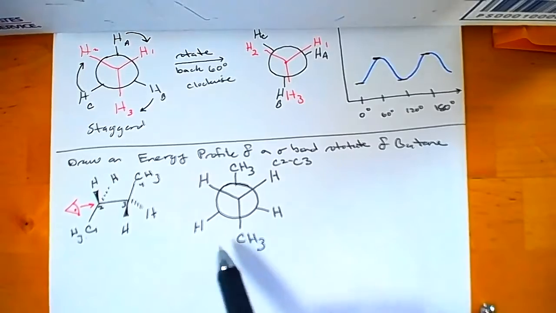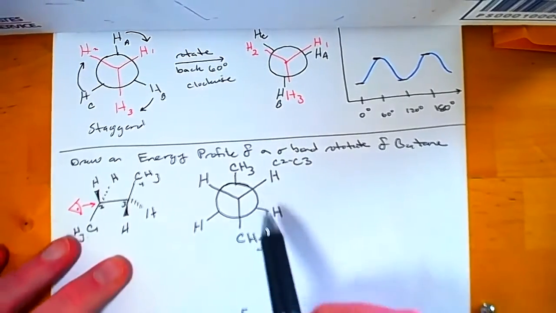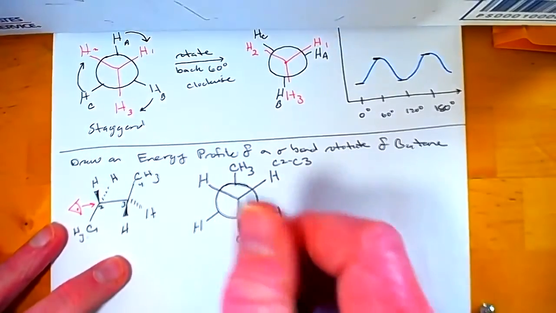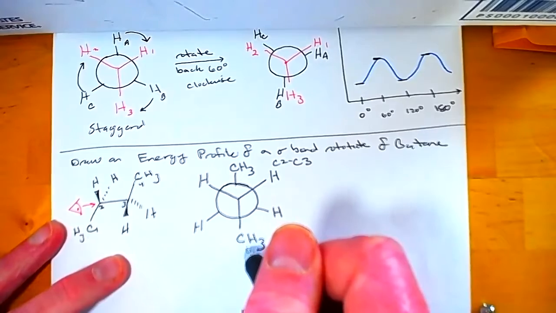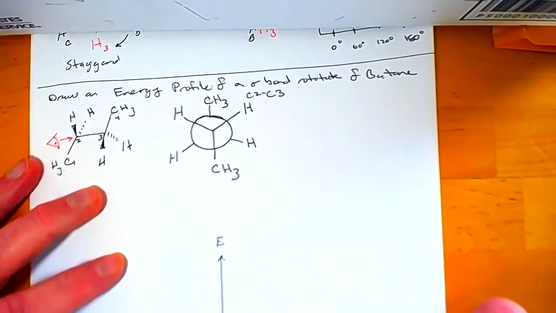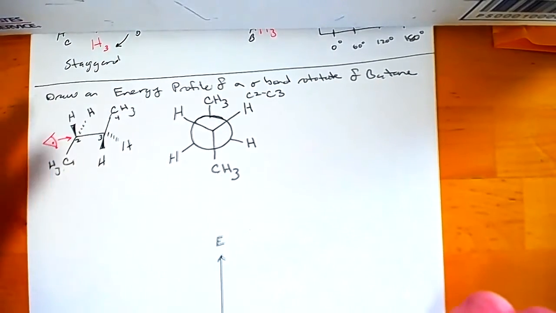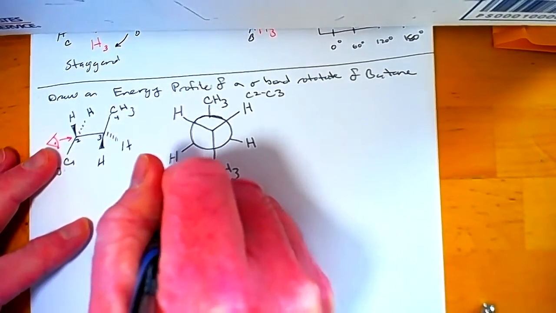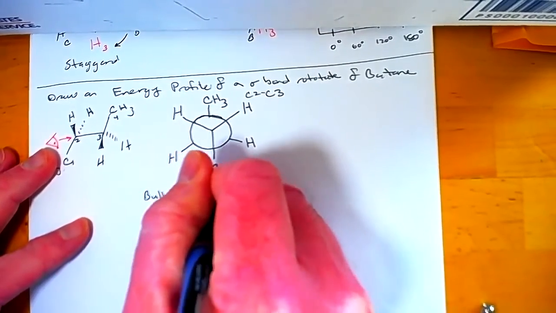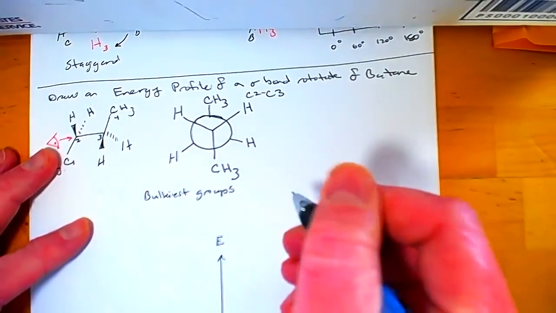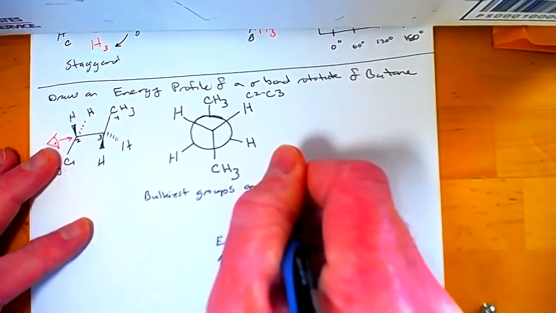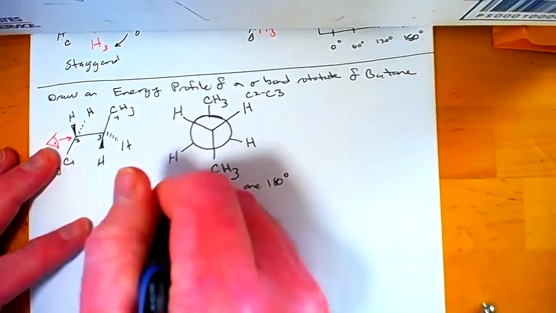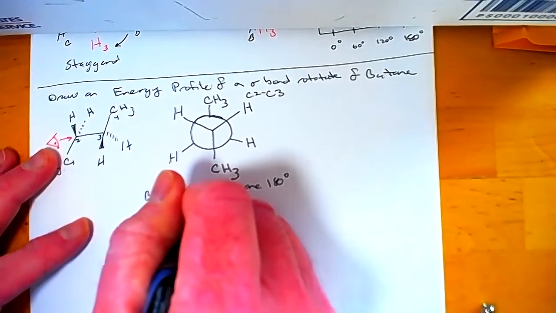Okay, now when you look at this, you can say, okay, well, this is clearly staggered, but there's something even kind of extra about this, and that is that notice the 2 largest groups, which are these methyl groups, are 180 degrees apart. They're as far apart as they can be. So those are called the bulkiest groups. So the bulkiest groups, which are your largest groups, are 180 degrees apart, and the molecule is staggered.